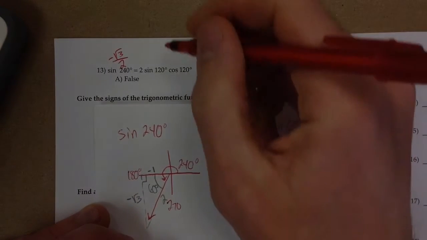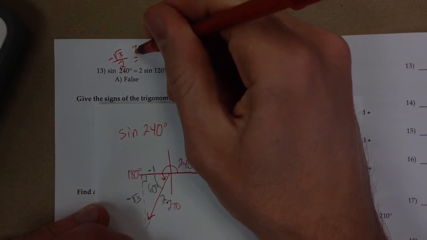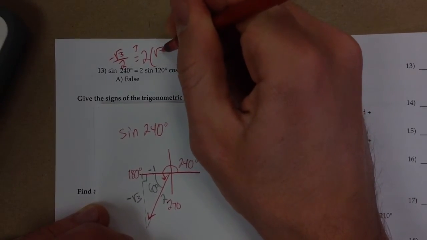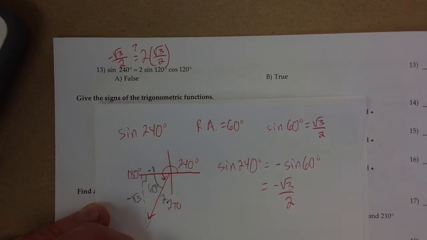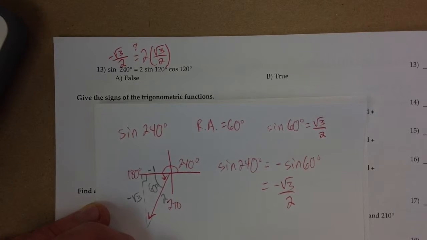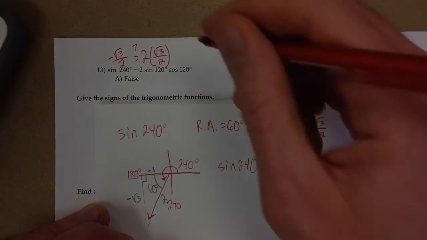Okay? And Sue, again, can you tell me the cosine of 120? Positive or negative? Negative, because it's the second quadrant. Okay?